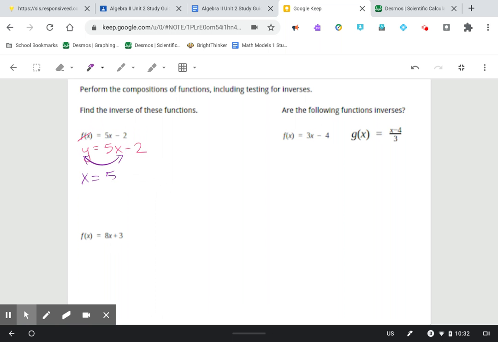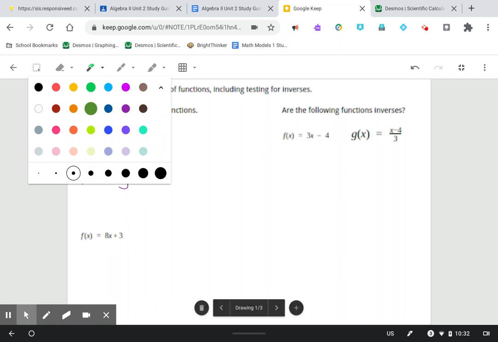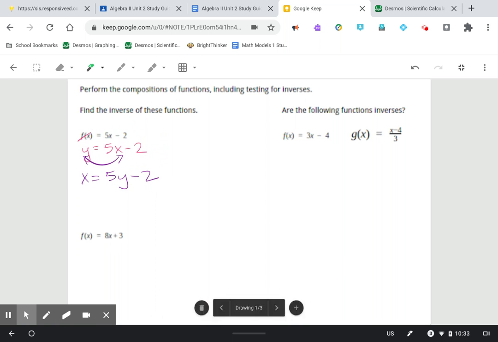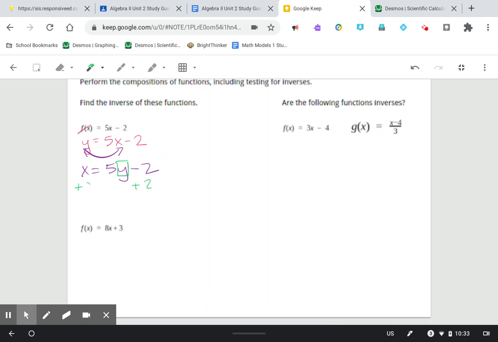This becomes x equals 5y minus 2. Once you've switched them, remember that this process is to then get y by itself again. So we're going to add 2 to both sides. That gives me x plus 2 equals 5y. Let's bring this up here. x plus 2 equals 5y.